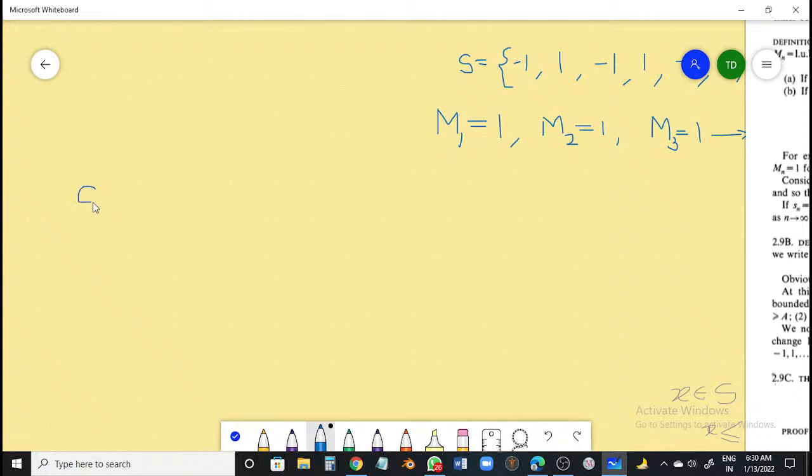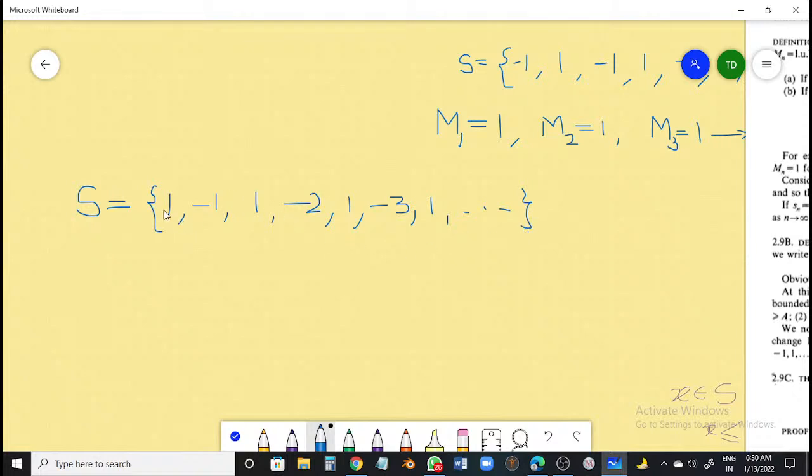Now let us handle another sequence, S equal to 1, minus 1, 1, minus 2, 1, minus 3, 1, and so on.